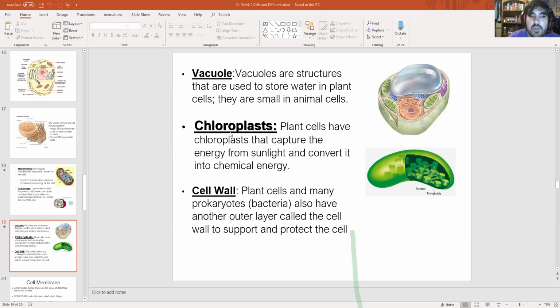Can anyone tell me why chloroplasts are green? No clue. They hold chlorophyll. Yeah, that's one of the reasons, which is green. But why is it green? Yeah, good job, Thomas.